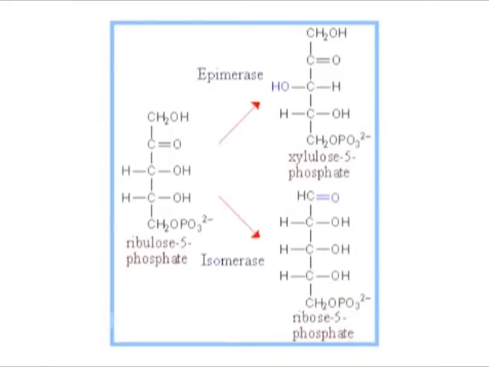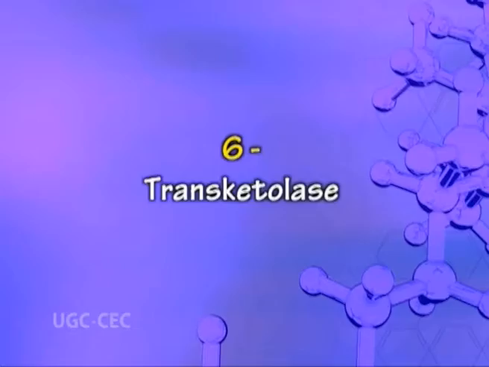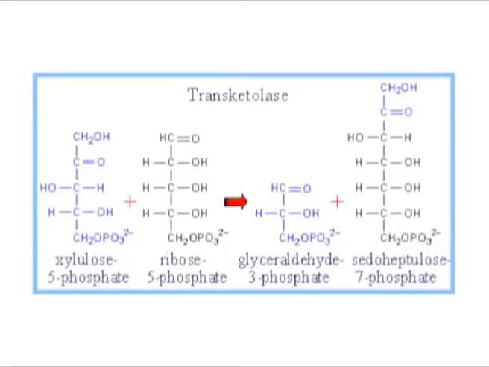Both reactions of epimerase and isomerase involve deprotonation to form an enediolate intermediate, followed by specific reprotonation to yield the product. Both reactions are reversible. Number 6. Transketolase transfers a 2-carbon fragment, glycolaldehyde, from xylulose 5-phosphate to either ribose 5-phosphate or erythrose 4-phosphate.